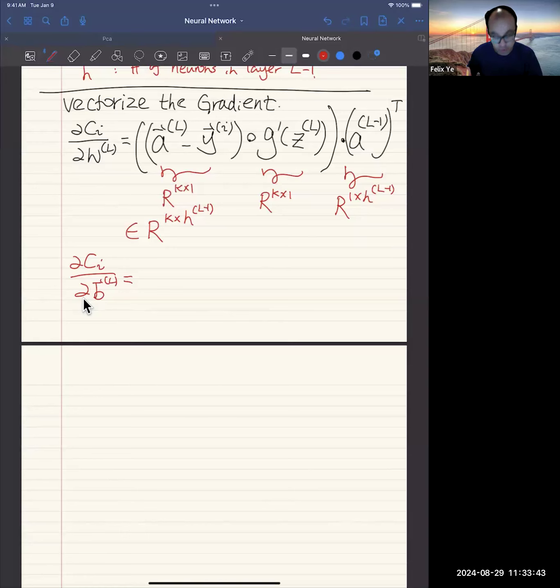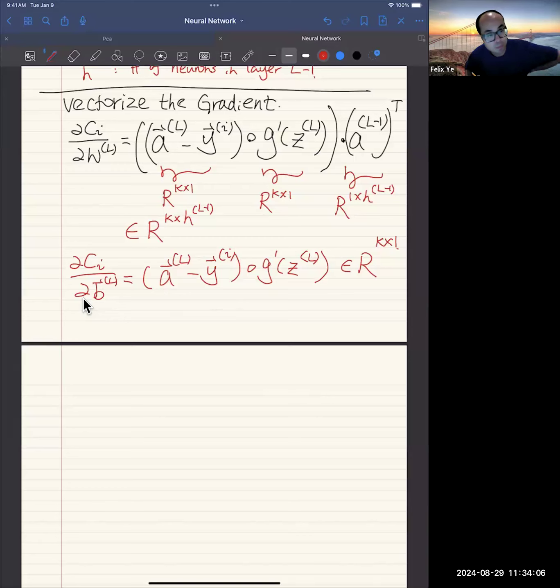We only have the first two terms, so this is just the same with G prime of ZL. So this becomes a vector in R, K by 1. That's good, but you can see this is quite messy to compute.